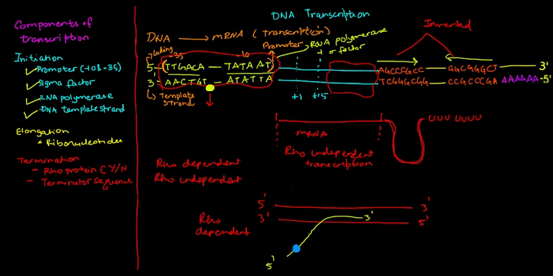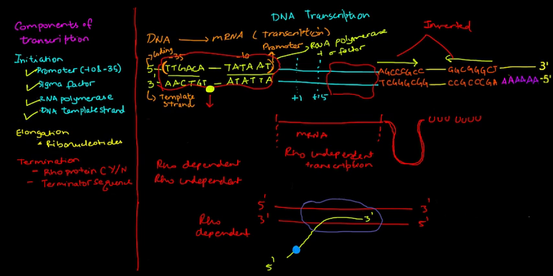This is my RNA polymerase synthesizing everything. When this RNA polymerase encounters a termination sequence, let's say this is my termination sequence, it pauses for a while, and this Rho protein catches up to the RNA polymerase.